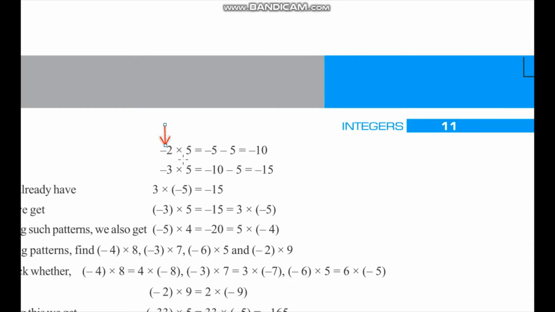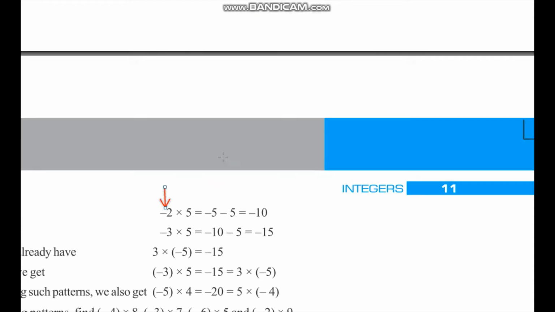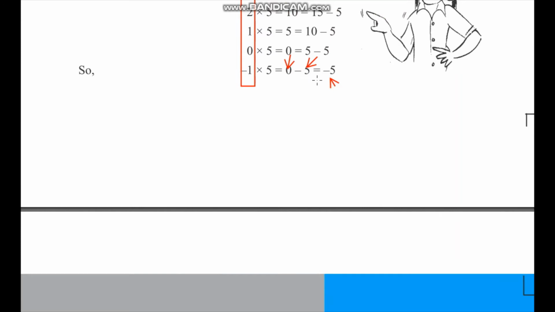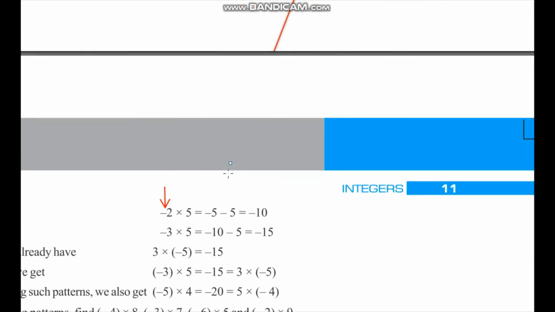For minus 2 times 5, we get this minus 5 down over here and subtract 5 from it. Now we get the answer as minus 10. Similarly, let us move one more down, that is minus 3, and we take down this minus 10 over here and subtract 5 from it, and thus we get the answer minus 15.